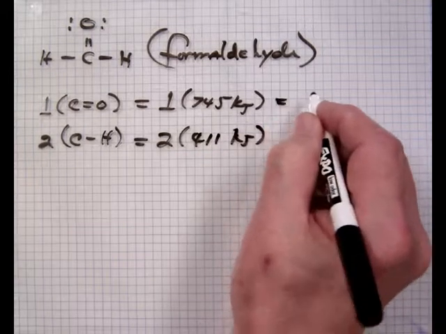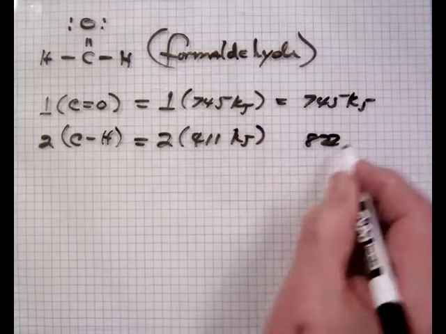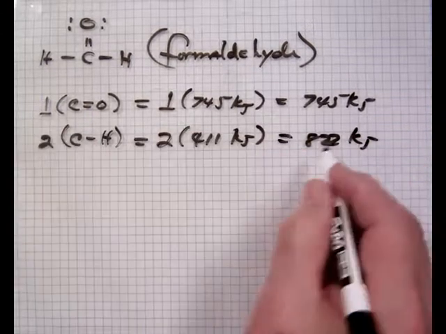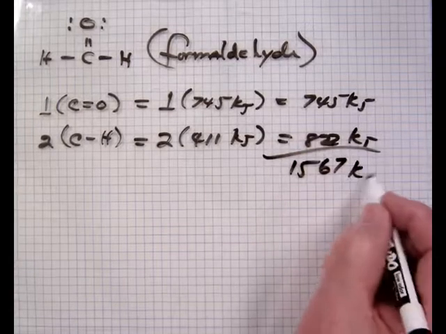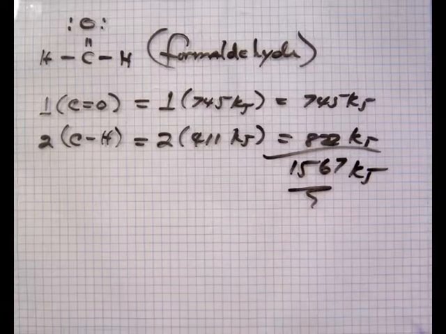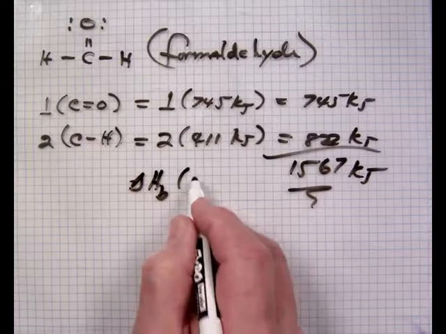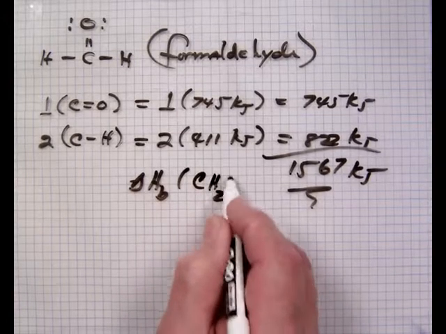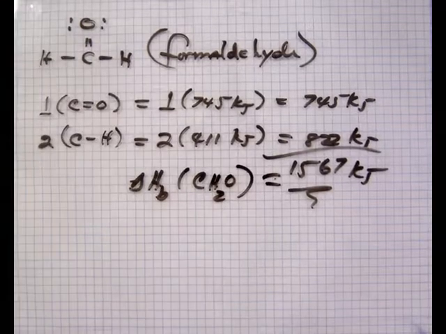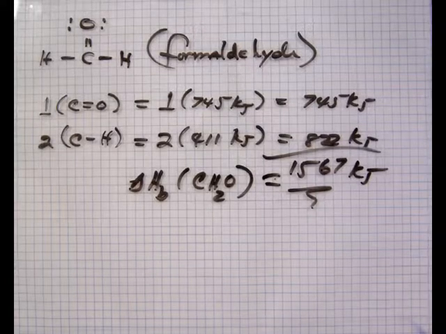That's 745 kilojoules plus 822 kilojoules for the carbon-hydrogen bonds, which gives 1567 kilojoules for delta H bond of CH2O. Very straightforward idea.